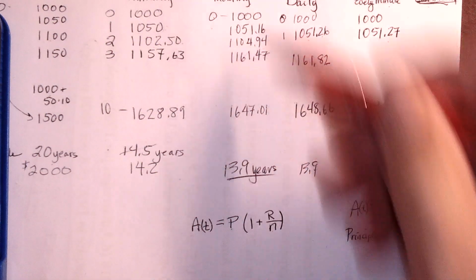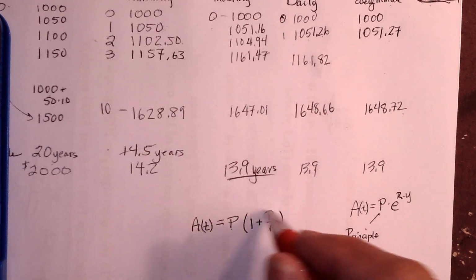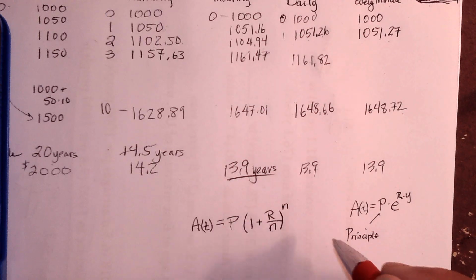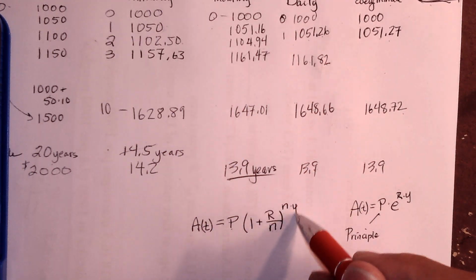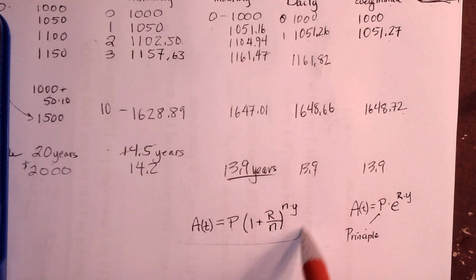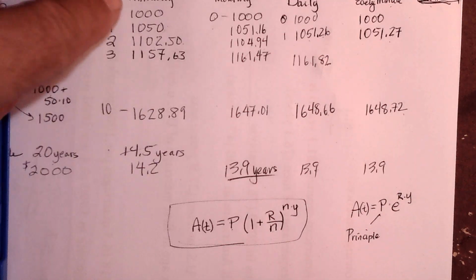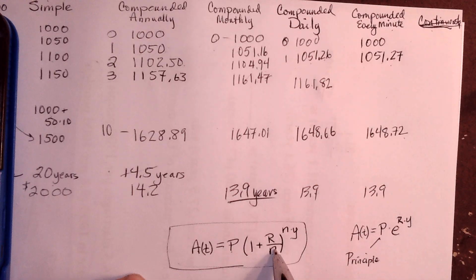So if we're doing monthly, n would be 12. And then notice that we had to do this part 12 times. And then to do more years, we had to take it times the number of years. So this is the compound interest formula. And if we were compounding annually, n would be 1.